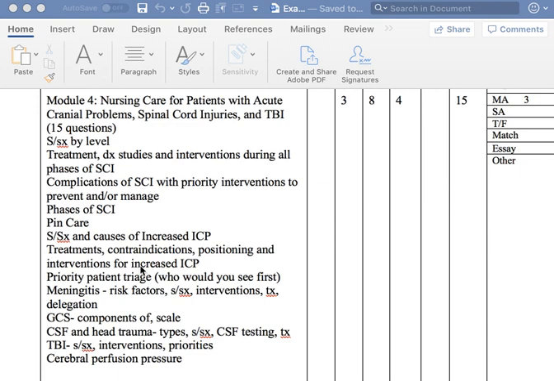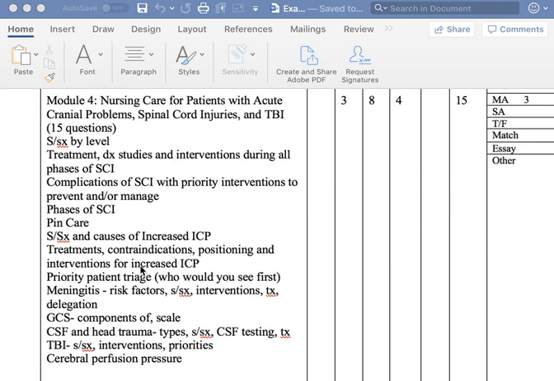Making sure you understand the pin care, as I said with the halo vest. And then with patients with spinal or increased cranial pressure, chapter 56.